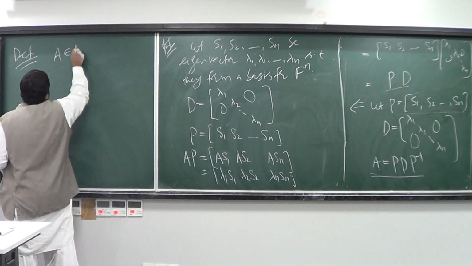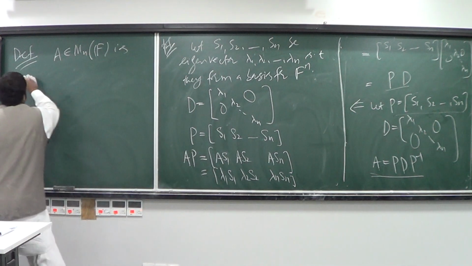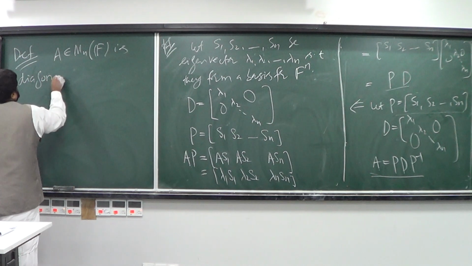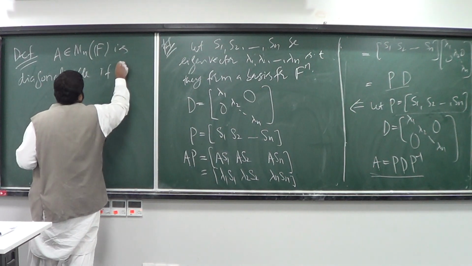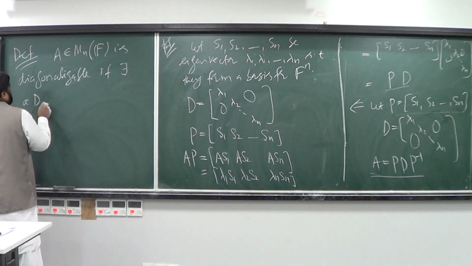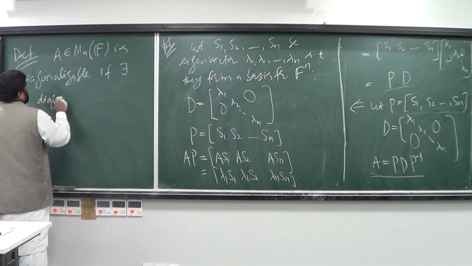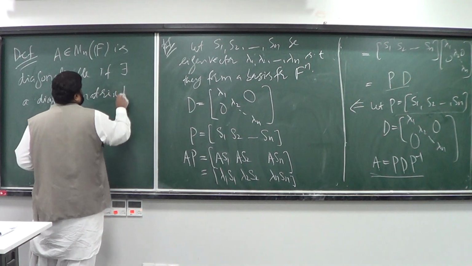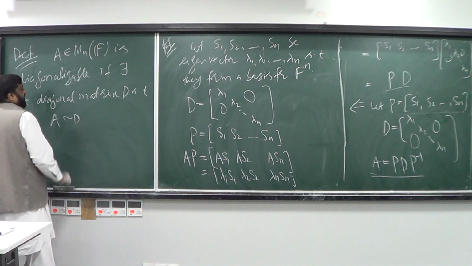A matrix A from Mn(F) is diagonalizable if there exists a diagonal matrix D such that A is similar to this diagonal matrix.